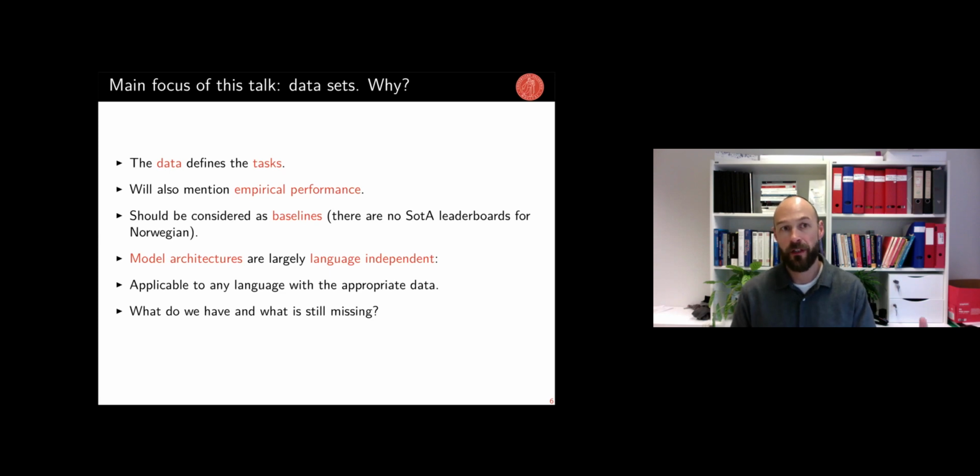And most model architectures that we have in NLP will then be directly applicable to any other language, as long as that language has the appropriate labeled data to retrain the model.